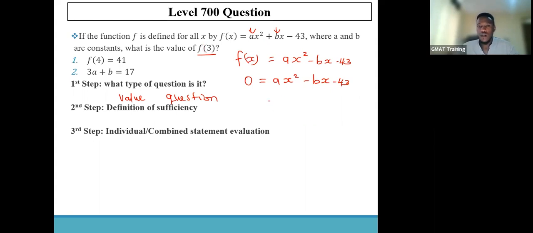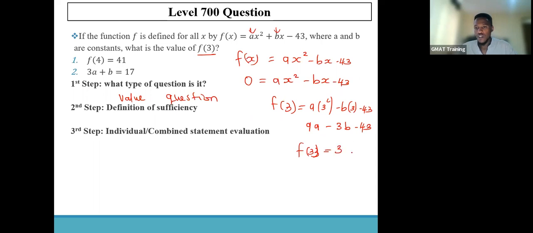We would have f of 3 equal to a into 3 squared minus b into 3 minus 43, which would be equal to 9a minus 3b minus 43, which would be the same as 3 into 3a minus b, minus 43.